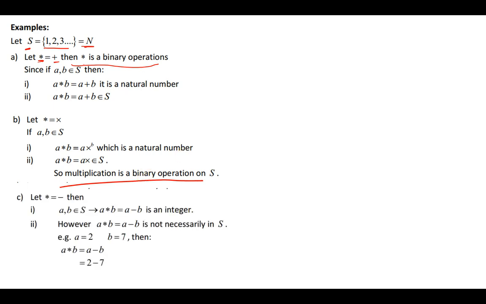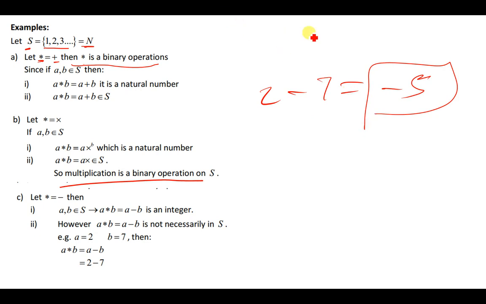But let's also look at subtraction. Subtraction is not a binary operation because when you subtract a bigger number, let's say for instance you subtract 2 minus 7, the answer will be -5. This answer is not a natural number, because we're dealing with a set of natural numbers.